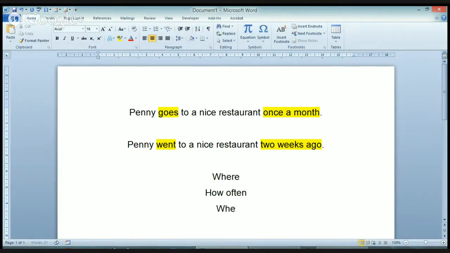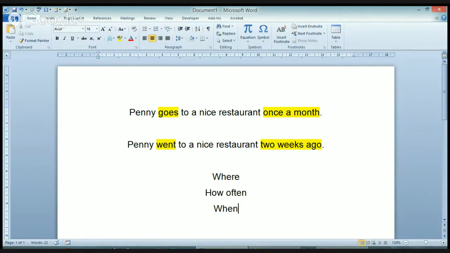Another question word: when. Okay, so after when, after question word, auxiliary verb. When did, then subject. Penny is a subject. When did Penny go? Good.